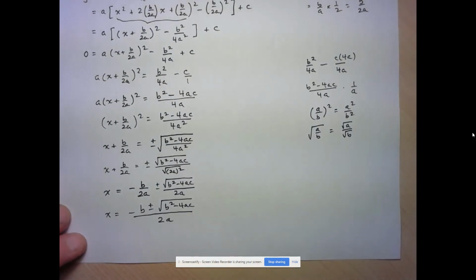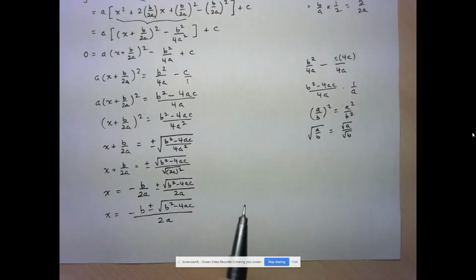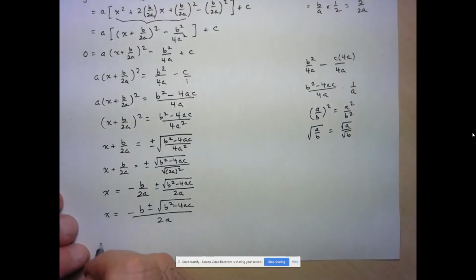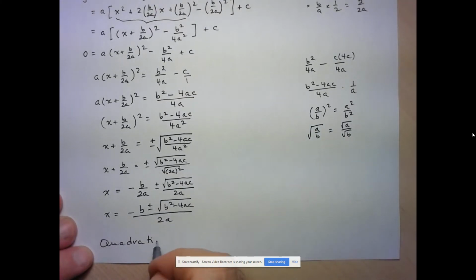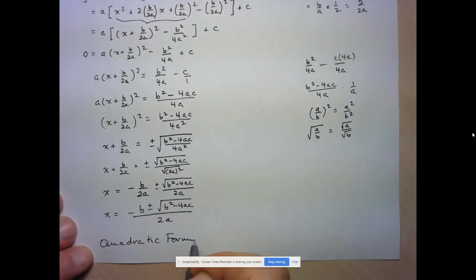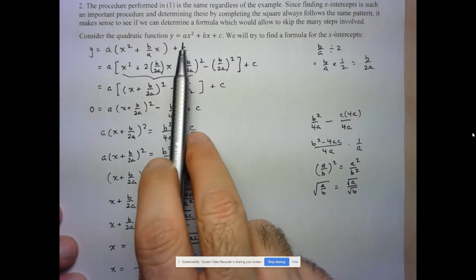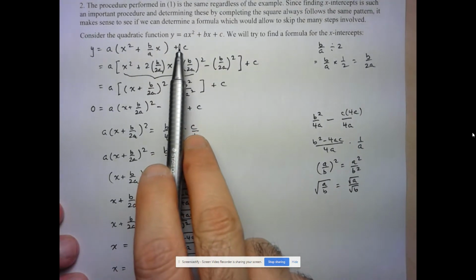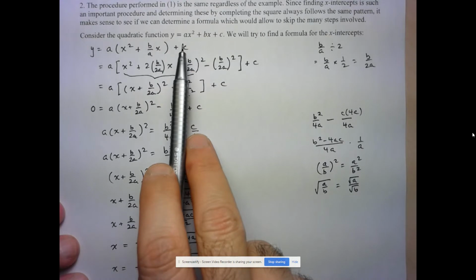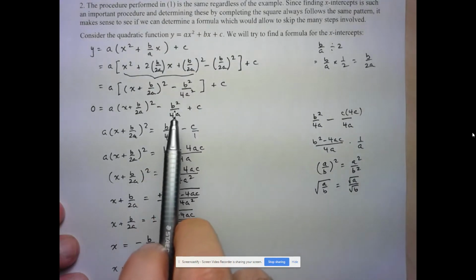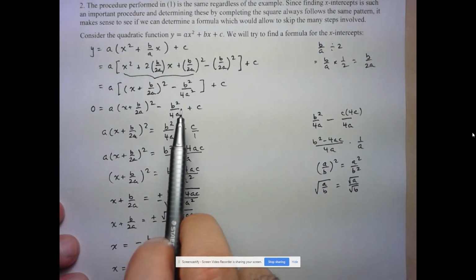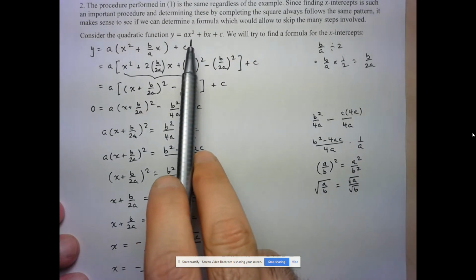And this, folks, is one of the most famous and important formulas in mathematics. It's what we call the quadratic formula. All right, so let's not mistake it for a quadratic function. A quadratic function is a function whose graph is represented by a parabola.